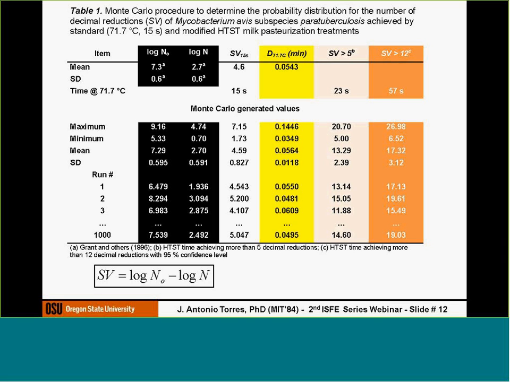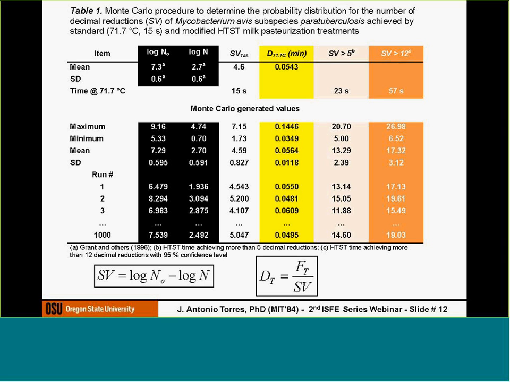To improve the process, we calculate the d-value. It's very simple, because the d-value is the processing time divided by SV. The time we know is 15 seconds, and the SV value we calculated here 1,000 times.